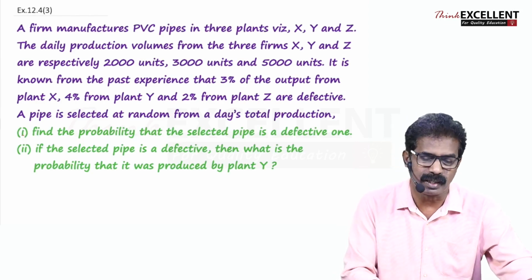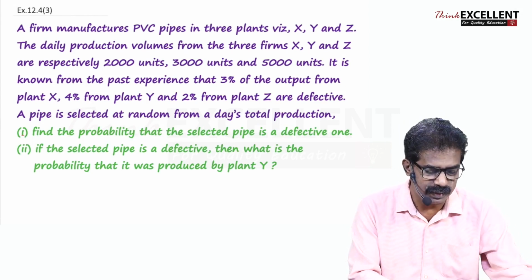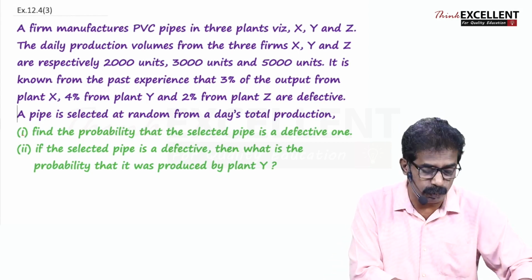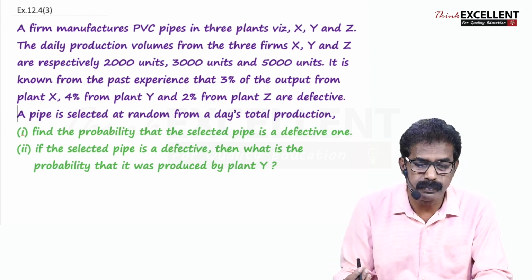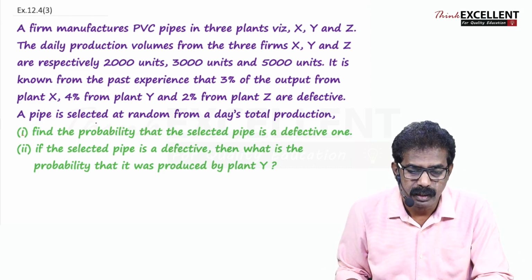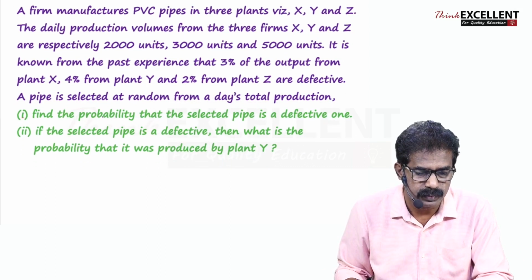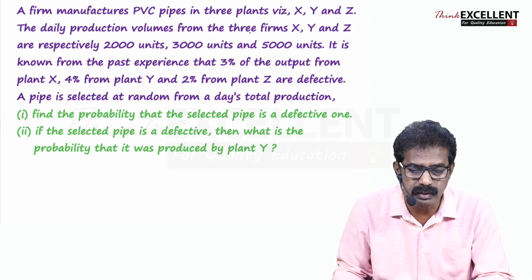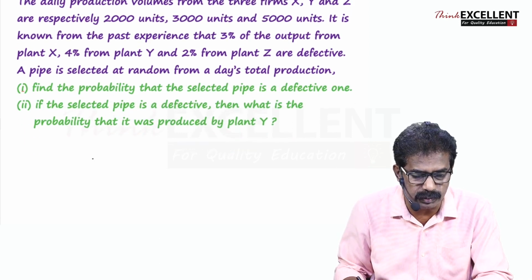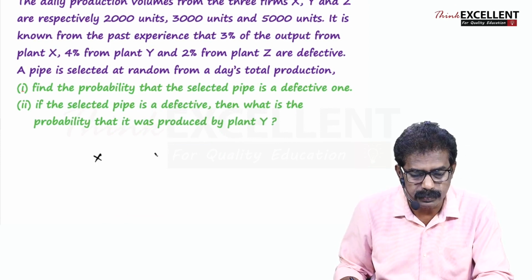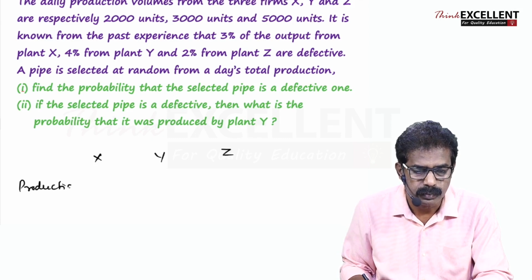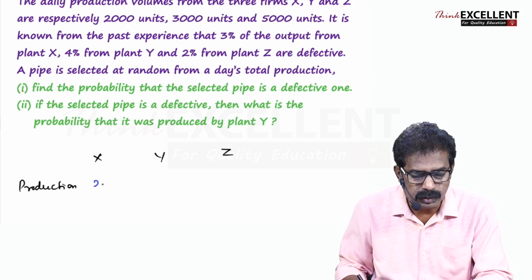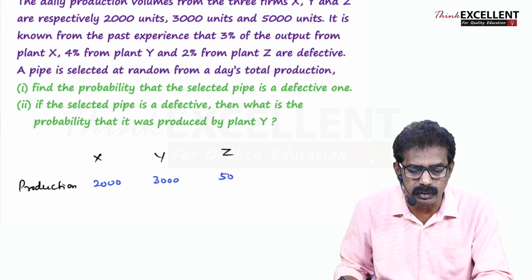It looks very lengthy one, right? But it's a very simple thing. Just read it, try to understand what is given and what they asked to find. Okay, so a firm produces PVC pipes at 3 plants X, Y, Z. The daily production from the 3 plants X, Y, Z are respectively: first plant produces 2000 units, second one 3000 units, third one 5000 units.